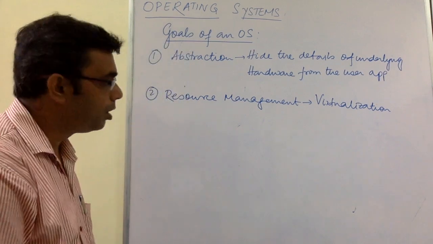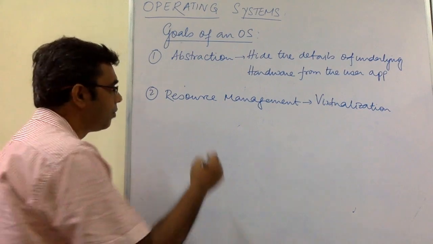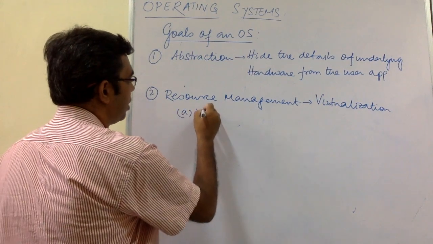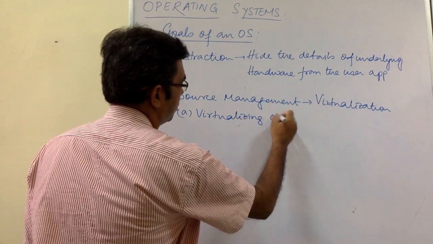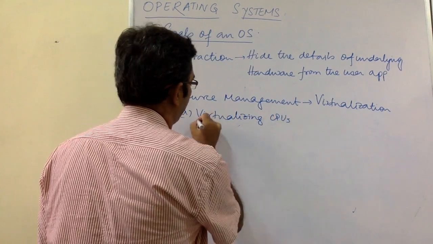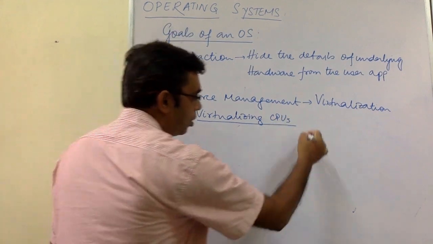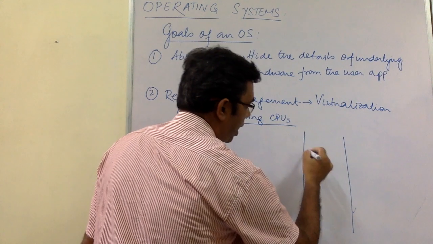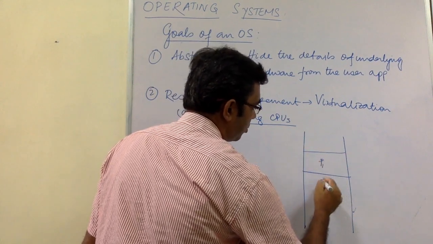Let me give an example. We'll talk about two virtualization techniques. The first is virtualizing CPUs or processors. How does the OS virtualize CPUs? Think about a situation where you have two processes, P1 and P2.